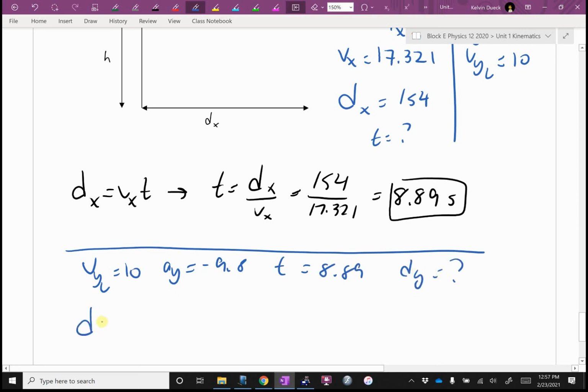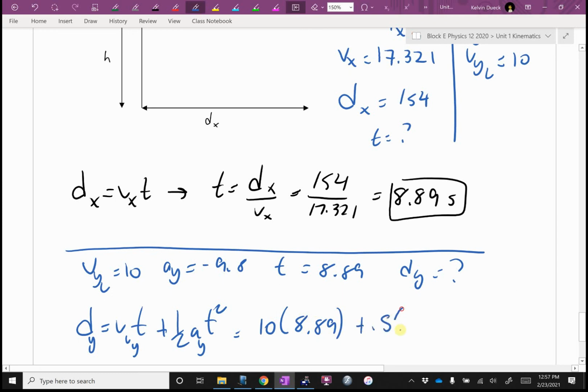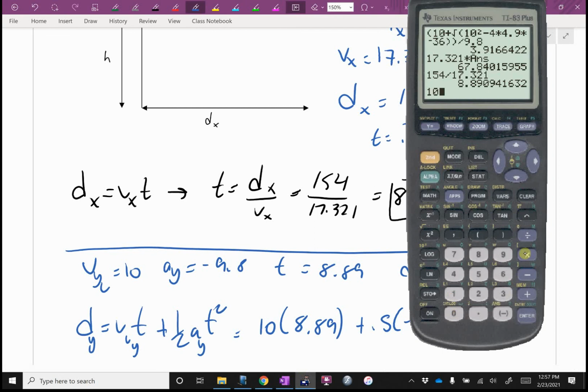I can use d equals vit plus a half at squared, but remind myself, vertical, vertical, vertical. 10 times 8.89, answer button, plus 0.5 times negative 9.8 times 8.89 squared.